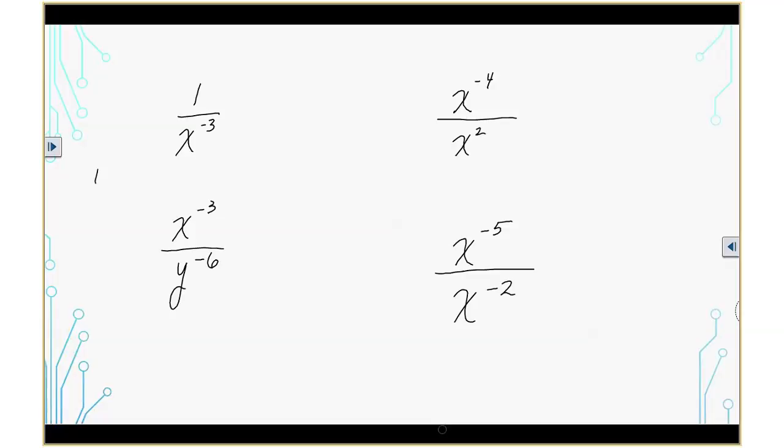All right, work those four. I don't care how you work them. You can work them any way you want to. But since you're in the inverse rule, I would probably suggest doing them by the inverse first.